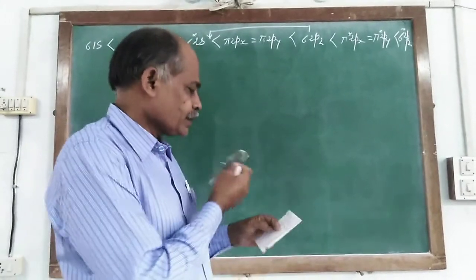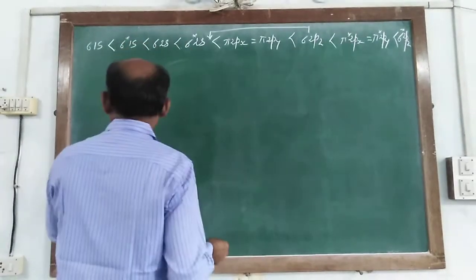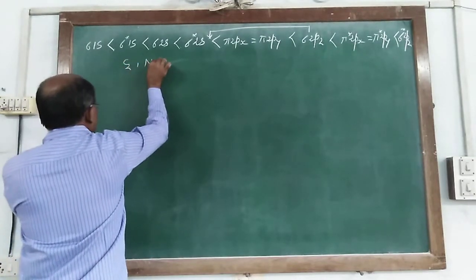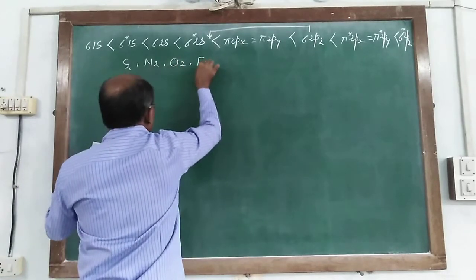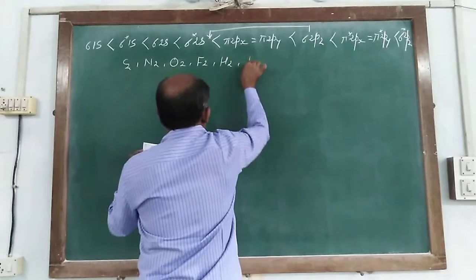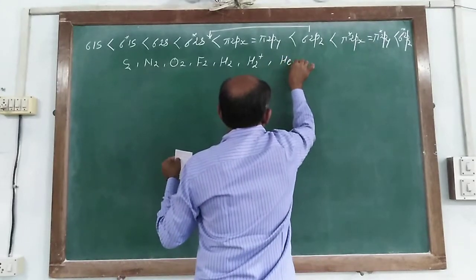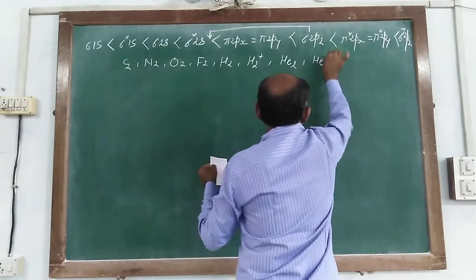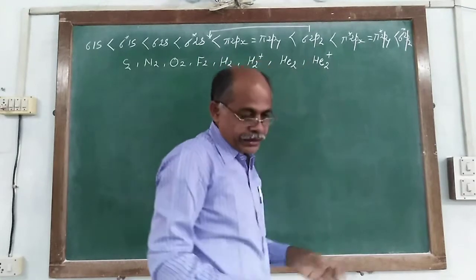These are homonuclear molecules: C2, N2, O2, F2, and H2, H2 plus, He2 and He2 plus. That is 1, 2, 3, 4, 5, 6, 7 and 8.